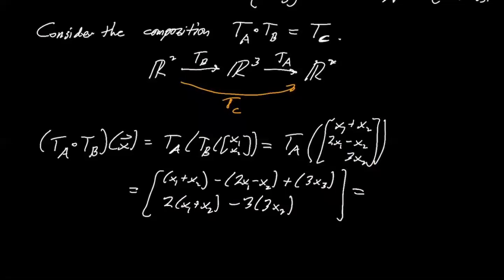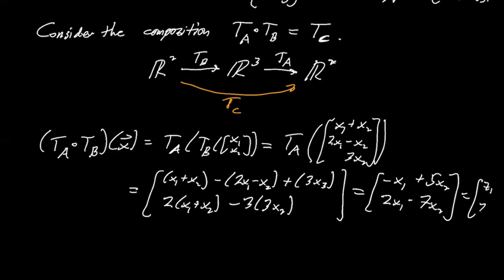But I'll tell you what I get. I get minus x1 plus 5x2. You should check that. And then I get 2x1 minus 7x2. That's our z1, z2 now.